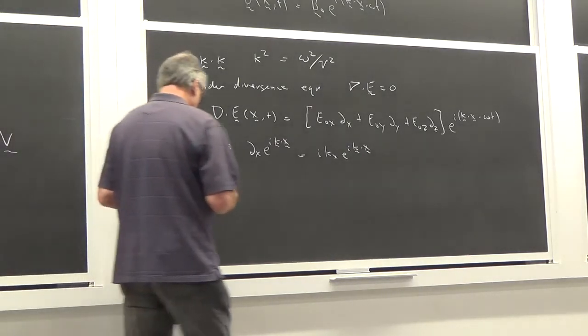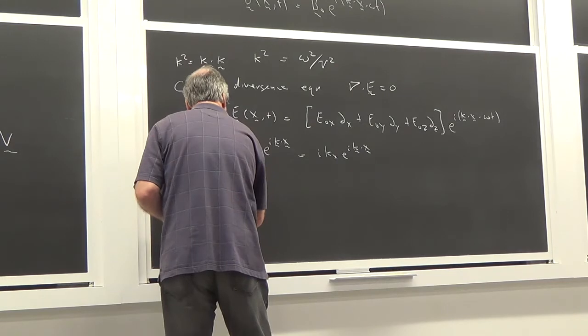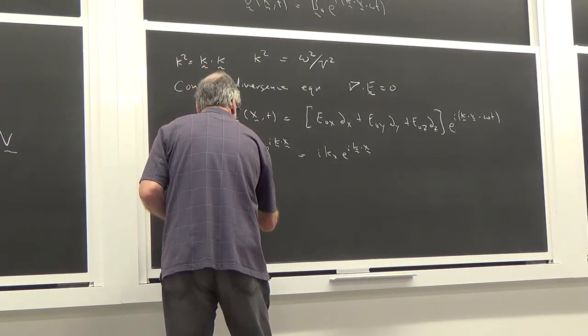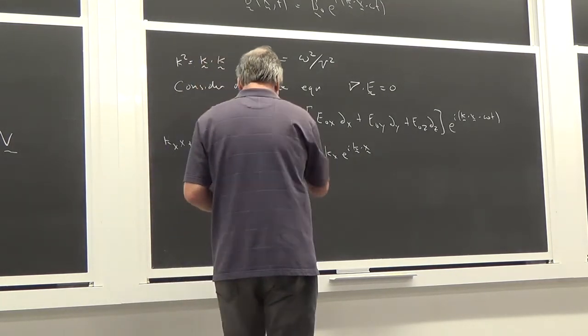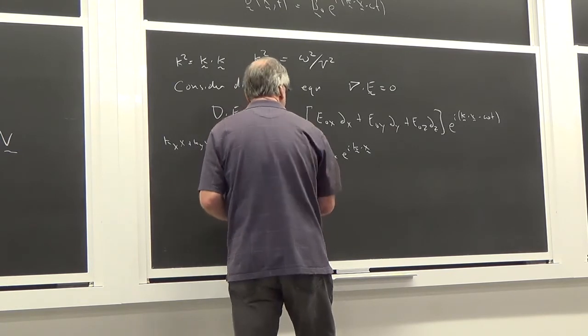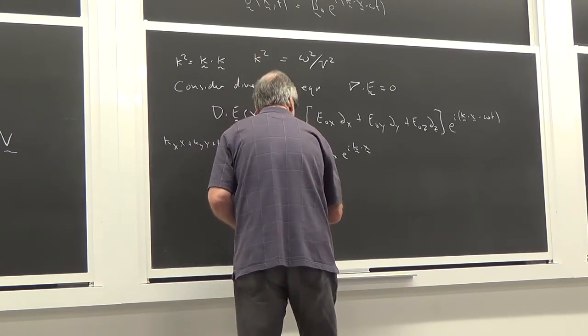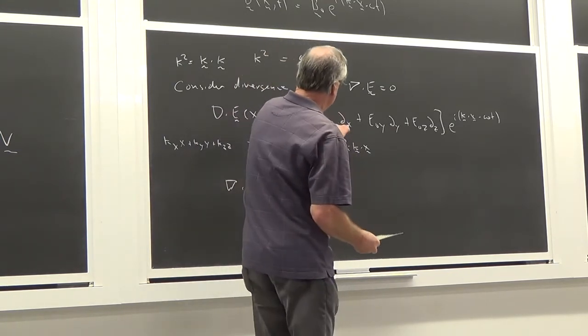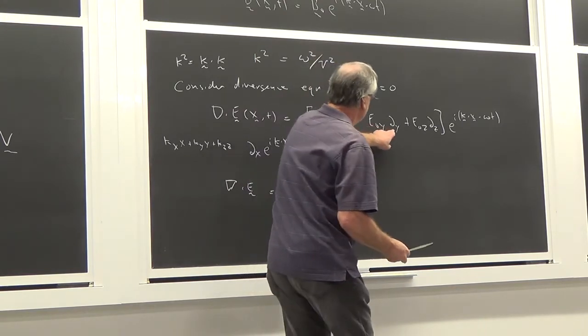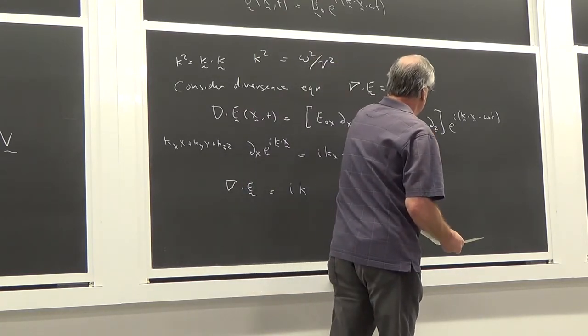So therefore, del dot E is equal to i times, so this will bring down an i kx, this will bring down an i ky, this will bring down an i kz.